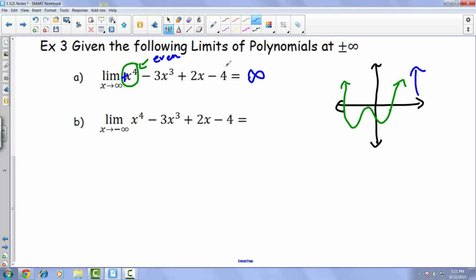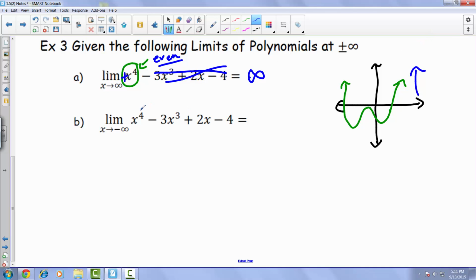So again, we really don't care too much about all this other stuff. We're really just looking at the highest degree and what the end behavior is like as a result. Because it was even, we knew that it had to be a U shape. And because the leading coefficient was positive, it was 1, it had to open up like this. So as x went out towards infinity, that limit had to go upwards towards positive infinity.